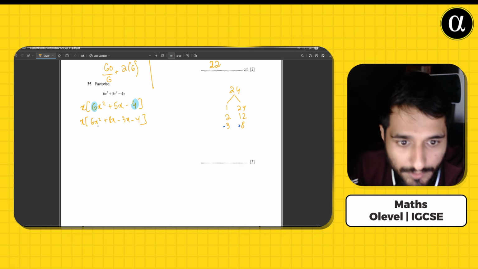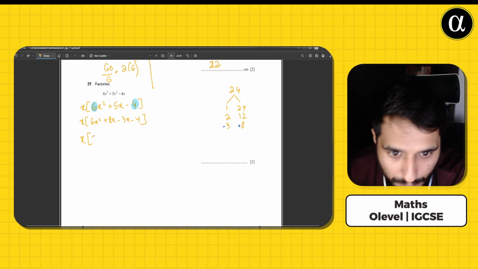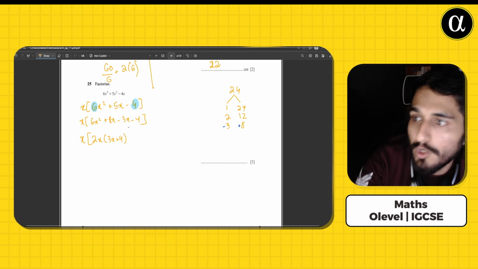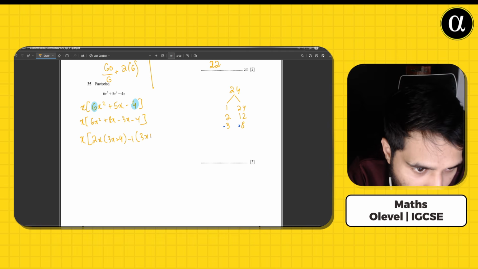Now further what we can do is we can simplify this, and we can take 2x as common. Once we take that, we'll be left with 3x plus 4, and over here nothing is common, hence we will take minus 1, and we'll be left with 3x plus 4.